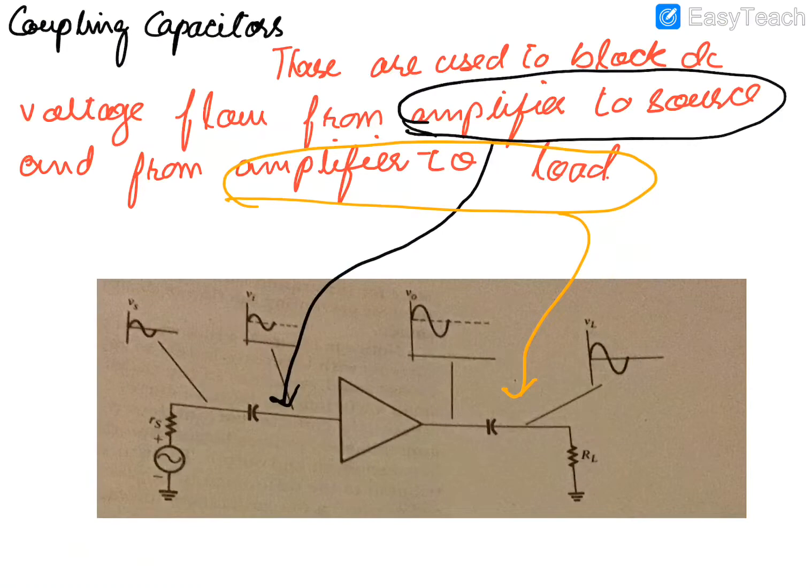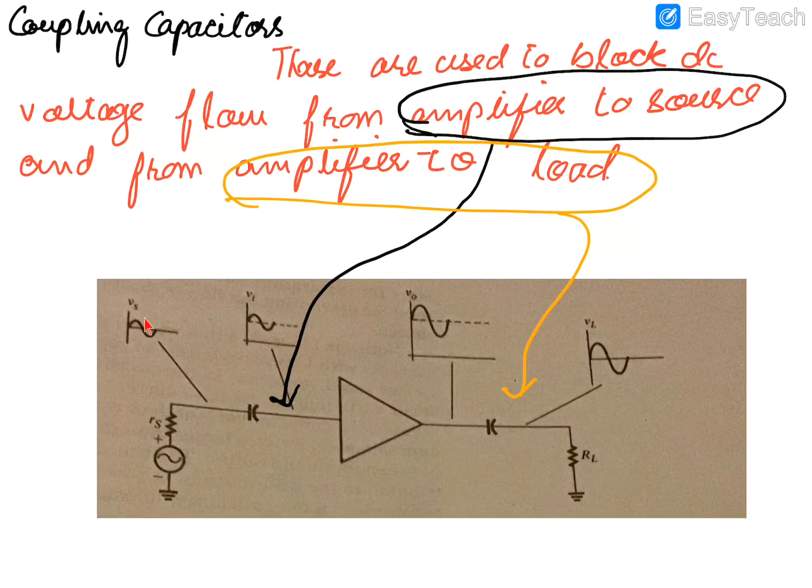So why do we use coupling capacitors at the input and output side of the amplifiers? The purpose of the capacitor here is to block DC voltage from the amplifier to the source and from the amplifier to the load.